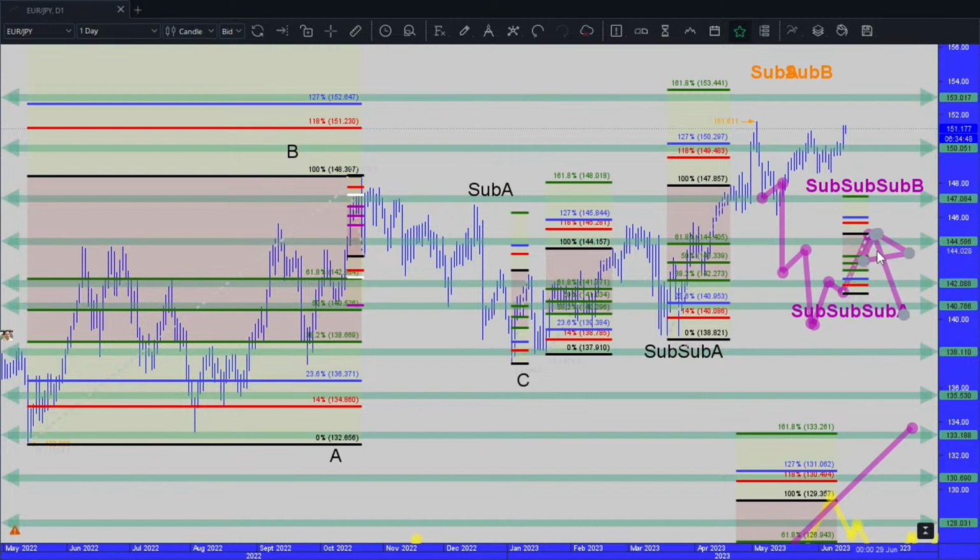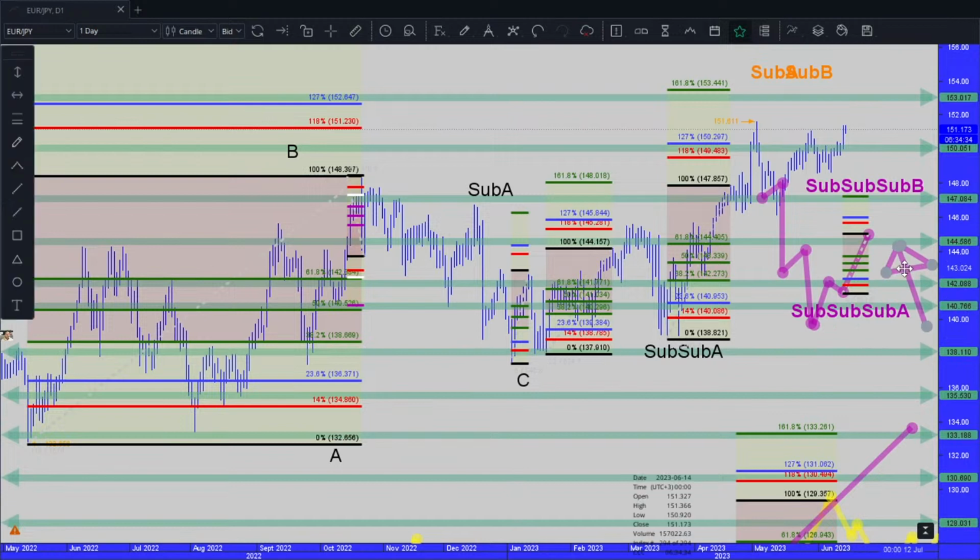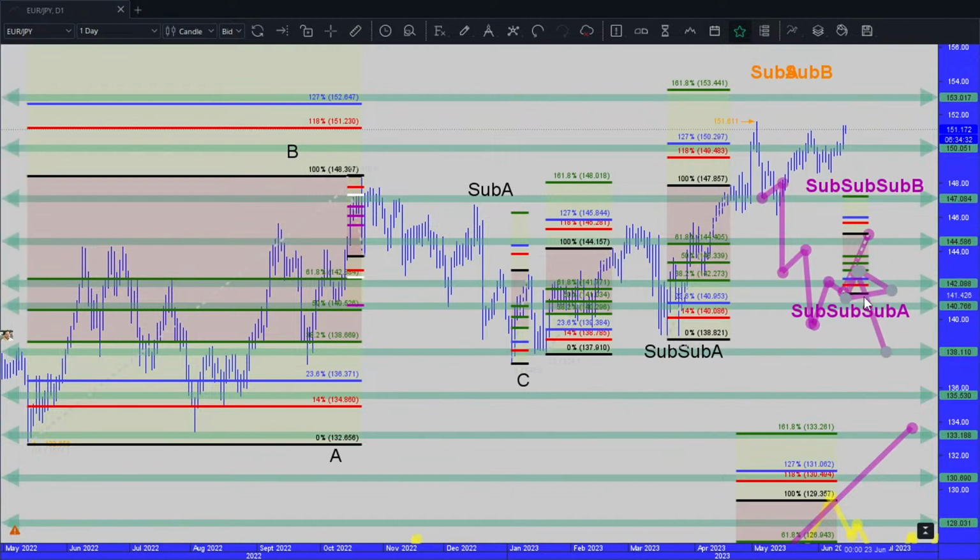When this happens, you can choose. You can buy the sub A, which is the Fibonacci, the confirmation of the sub A. Small accounts, a few $100, you don't have enough money to put the stop loss below the sub A or the C or the A. You go with the sub A. Why not?